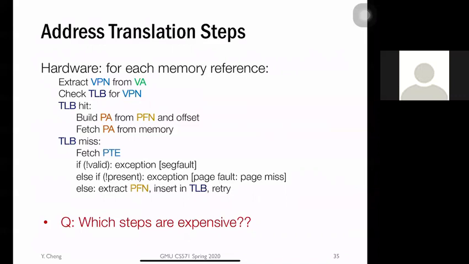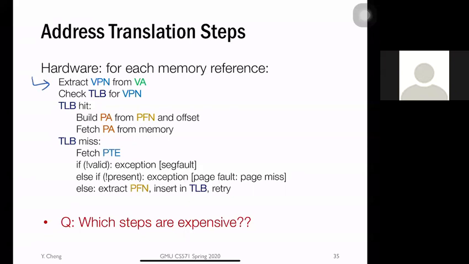Okay, so let's go through this improved address translation protocol, this more comprehensive version, step by step. First of all, this is from the hardware perspective. For each and every memory access or memory reference, the CPU first tries to extract the virtual page number from the virtual address.